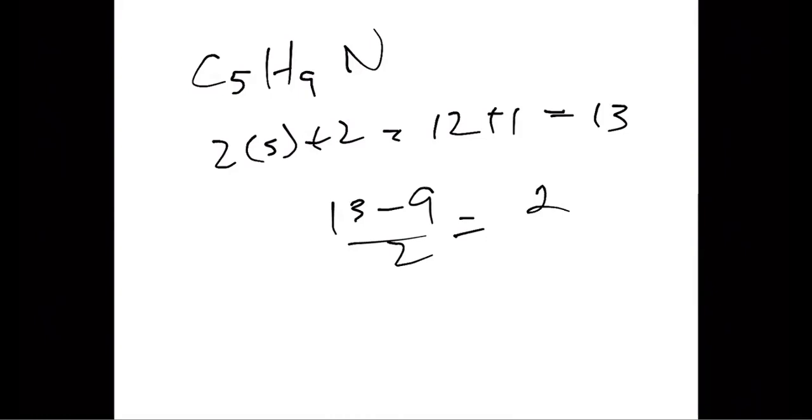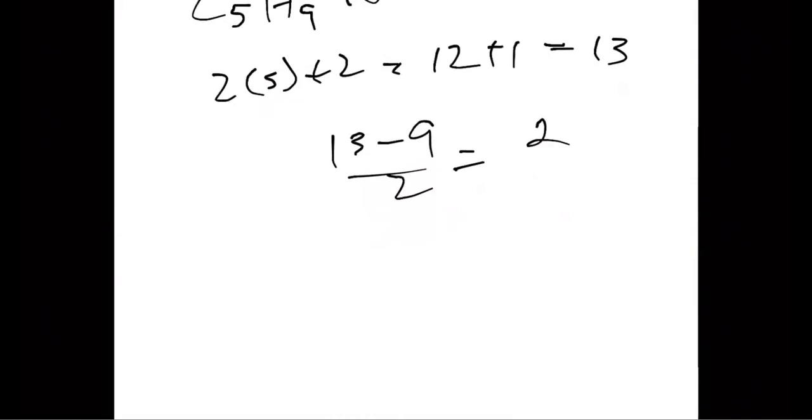All right, so if that's the case, let's propose a structure. So you've got 2 degrees of unsaturation. Again, the easiest approach is to draw out a 5-carbon chain, like so. It's got 2 degrees of unsaturation, so you need 2 double bonds in there, or 2 pi bonds, right?